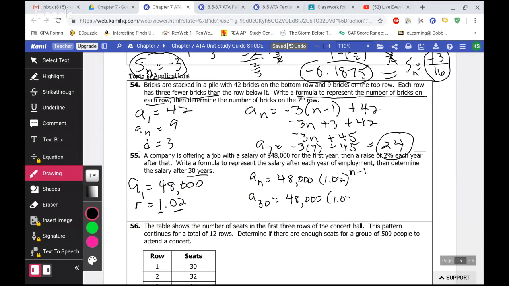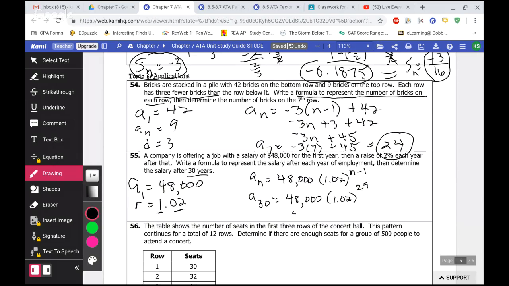And so now to find out where you would be at the 30th year, you just plug in n minus 1. So 30 minus 1 is 29. Oh, and yay for the iPhone calculator. 1.02 raised to the 29th.